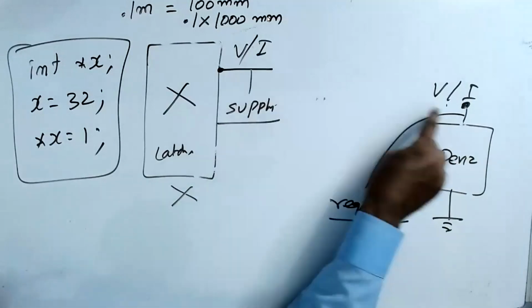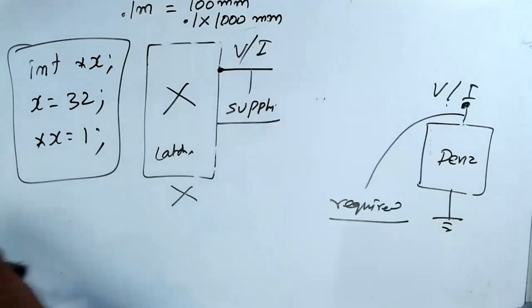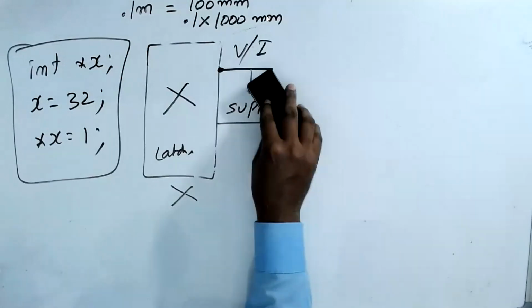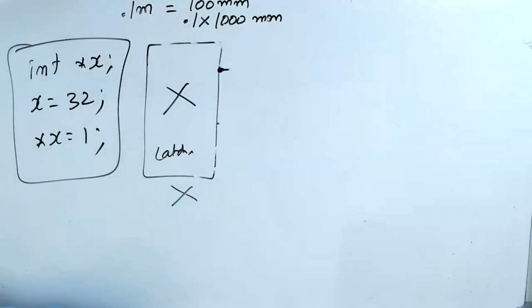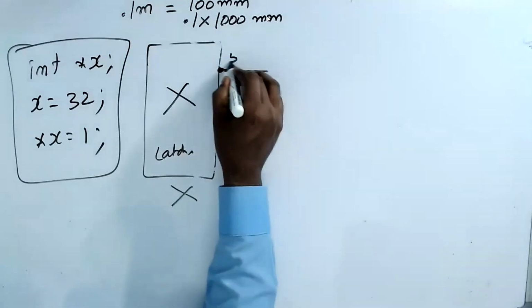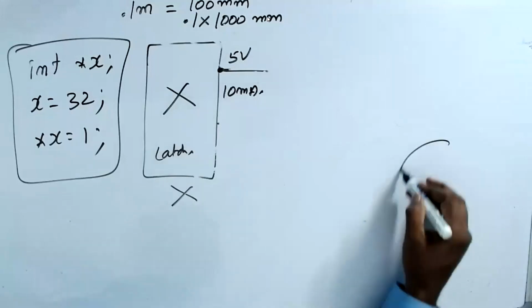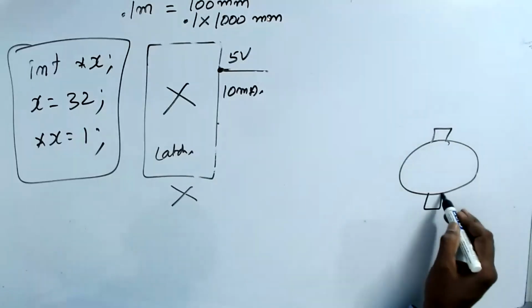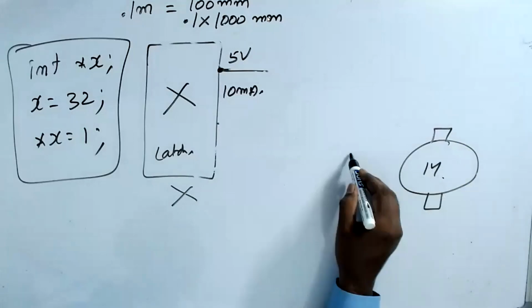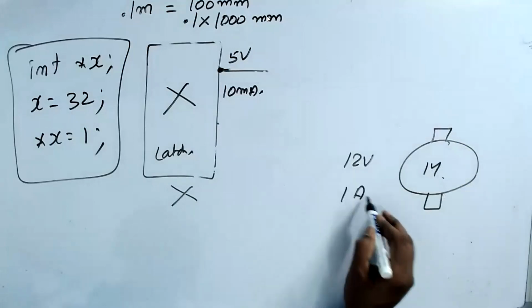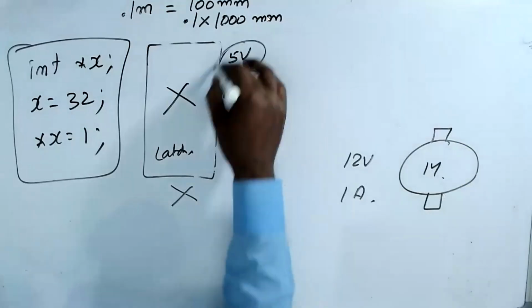If these two are not matching, for example, let us assume that I have a latch which is going to give me 5 volts and 10 milliamperes. I have a motor which needs 12 volts and 1 ampere. First of all, the voltage is not matching.